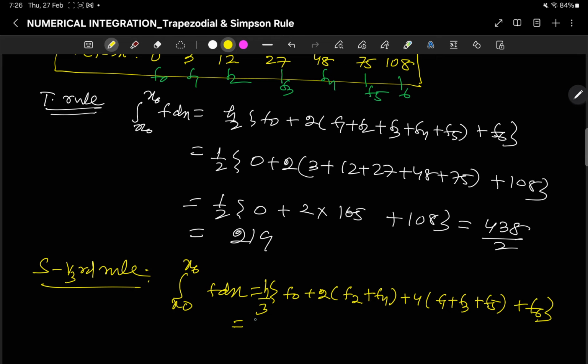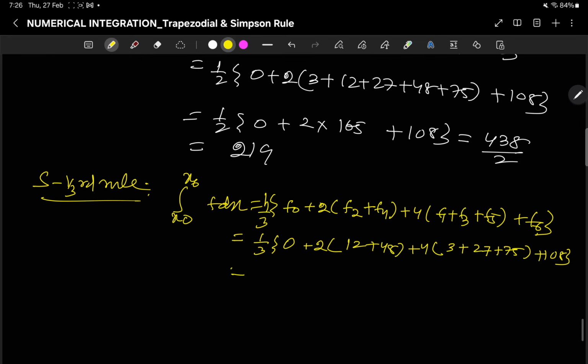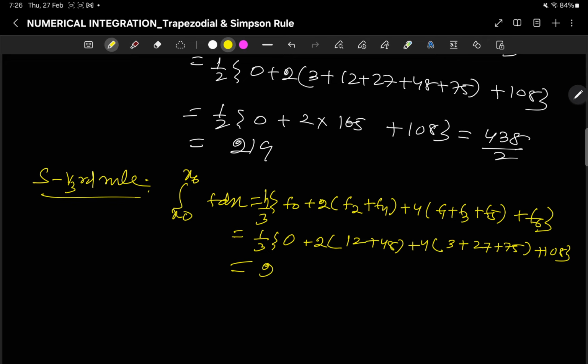So this will be h is 1, by 3 [F0 is 0 plus 2 into (F2 plus F4), 12 plus 48, plus 4 into (F1 is 3, F3 is 27, plus F5 is 75) plus last one is 108]. If you simplify it, it will give you 216.